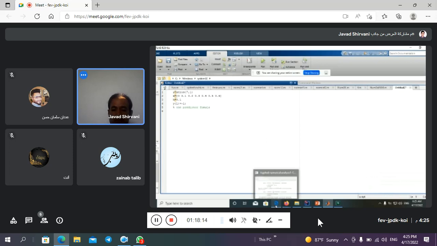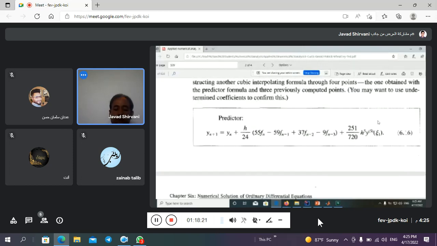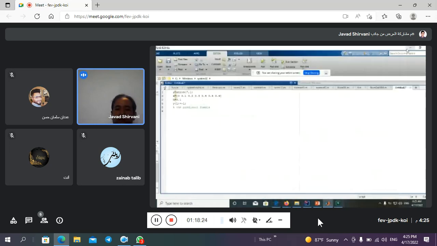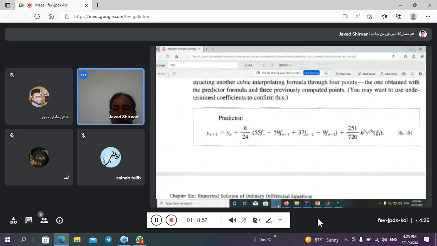The formula is predictor yn plus 1 equals yn, p index n plus 1 equals y parentheses, in MATLAB we use a vector.